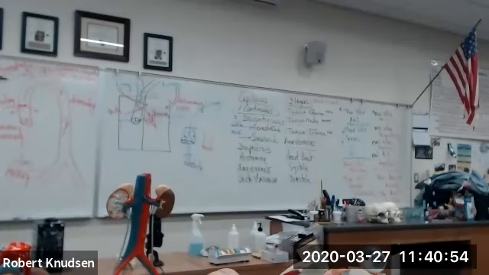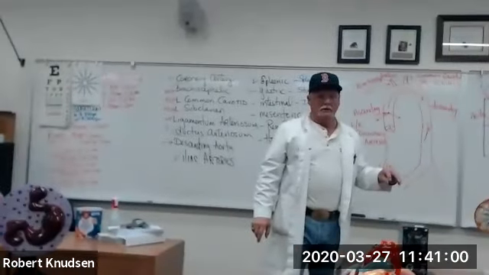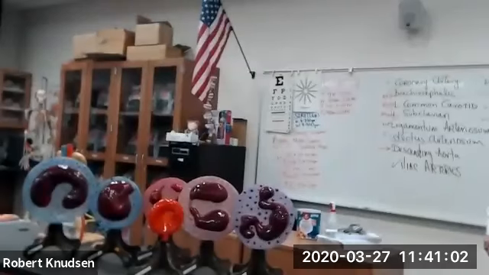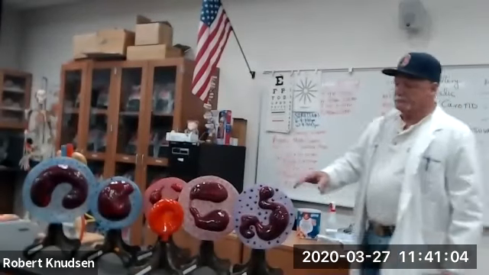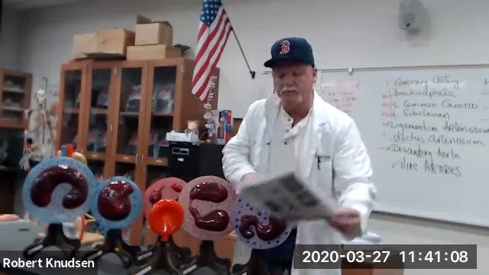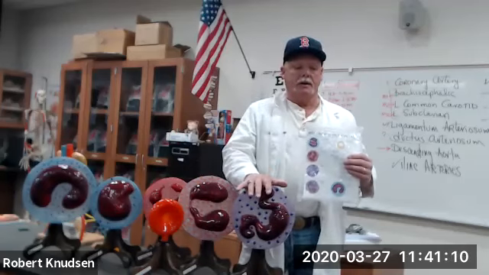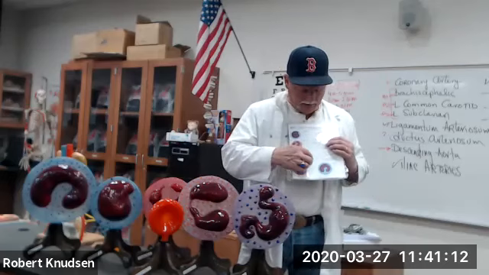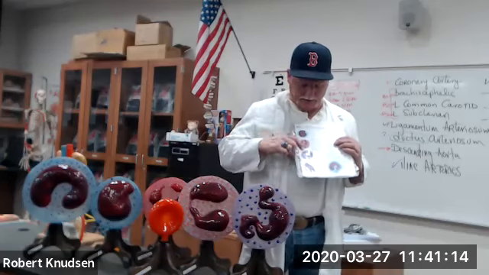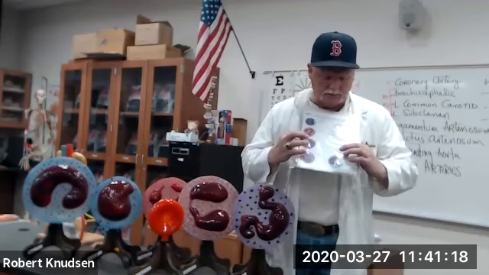Now, I'm going to move you over here to the blood cells. Basophil, if you remember from the chart, basophil, if you look down here, which is this one right here, and it tells you what a basophil does, it says secretes histamine.